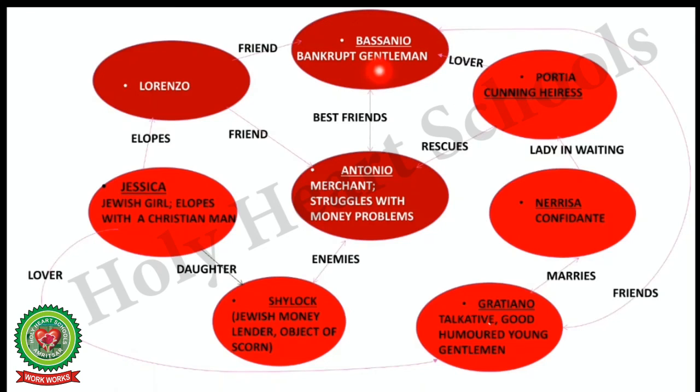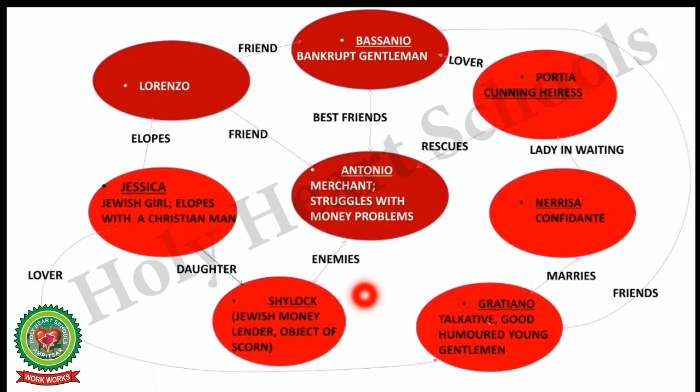For this, he needs 3,000 ducats. Bassanio asks his best friend Antonio for the money. But Antonio doesn't have any ready money. So he takes money from Shylock. Here Shylock gets a chance to take revenge on Antonio.